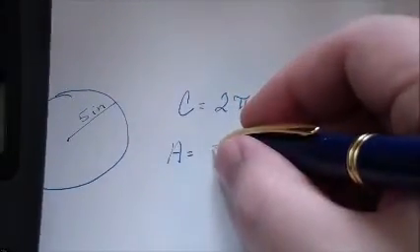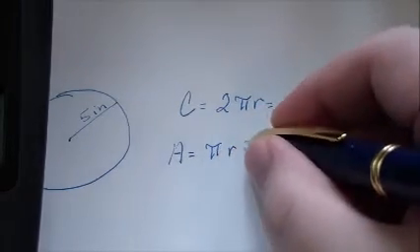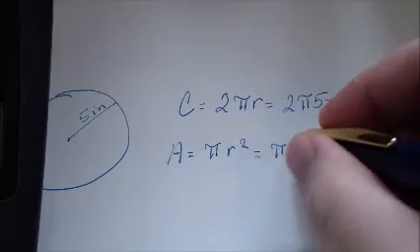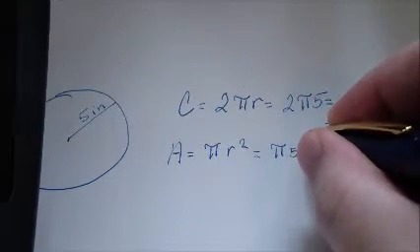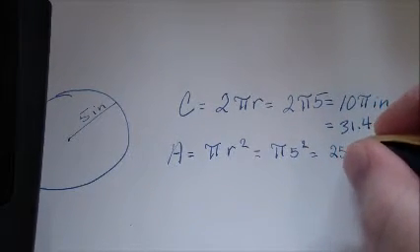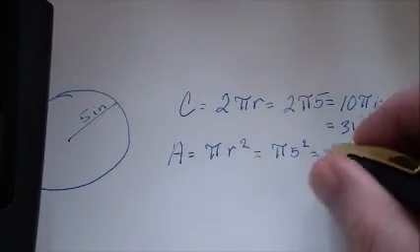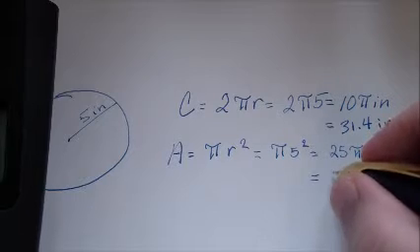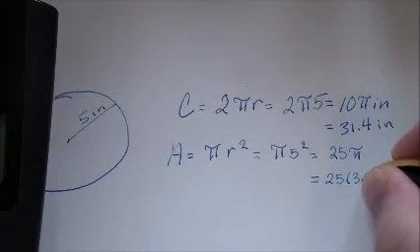Now, in terms of area, we have the formula of pi r squared. Let's plug in r, so that's 5 squared. This becomes 25 pi. And again, this is a perfectly legitimate answer, but let's say we want a decimal. 25 times 3.14.